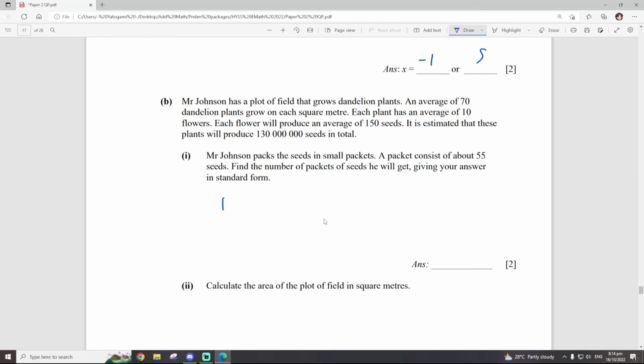So that's just 130 million, which is 1.3 times 10 to the power of 8, divided by 55. Then you can find out what this is. And of course, you will go down by two significant figures, so you'll need to multiply your answer by 100 and change your index. So this will be 2.36 times 10 to the power of 6.